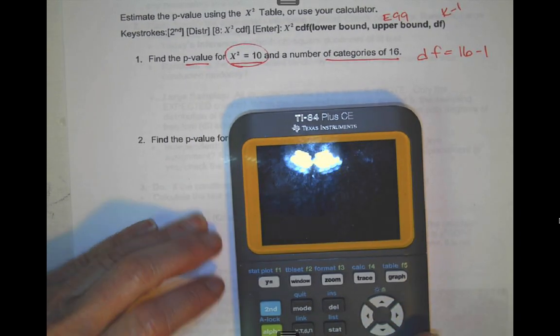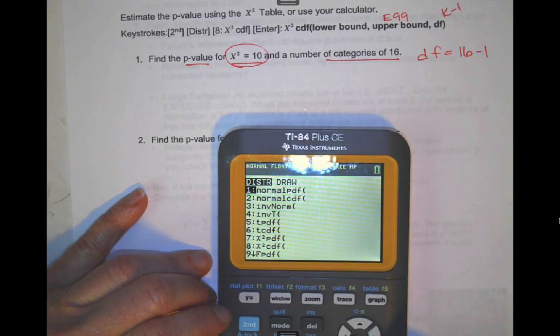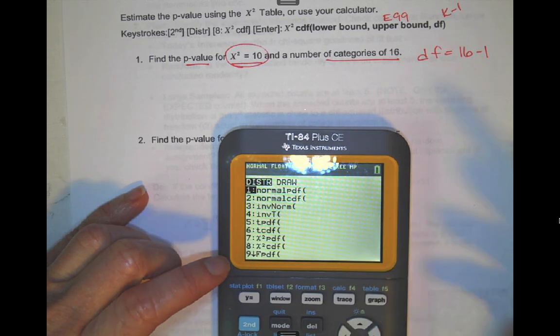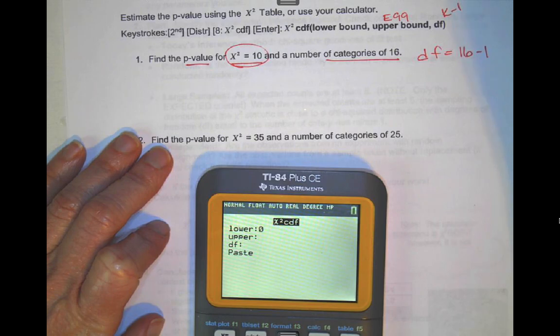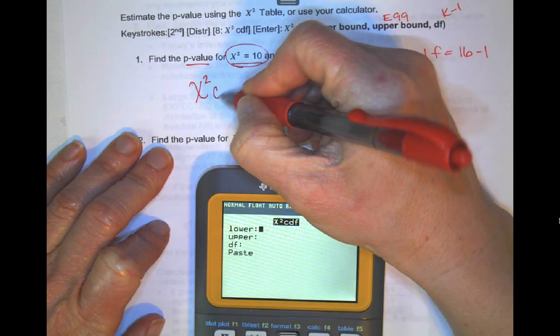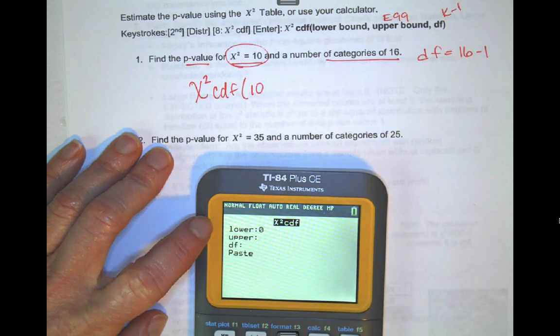So I'd go to second vars, where all my other distributions are. There's a chi-squared PDF and a CDF. Chi-squared is a continuous distribution, so the PDF just tells you a point on the curve. We always want the CDF. So I'd have chi-squared CDF. My lower bound will be that 10.